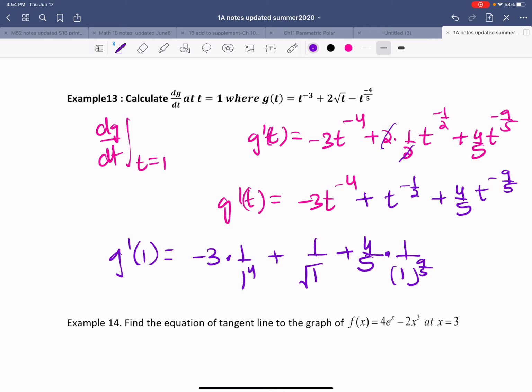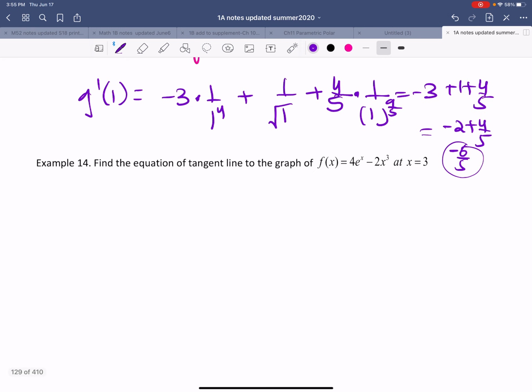That's negative 3 plus 1 plus 4/5, and that's going to be negative 2 plus 4/5. That's negative 10 over 5 plus 4 over 5, so it's going to be negative 6/5. Yeah, negative 6/5.